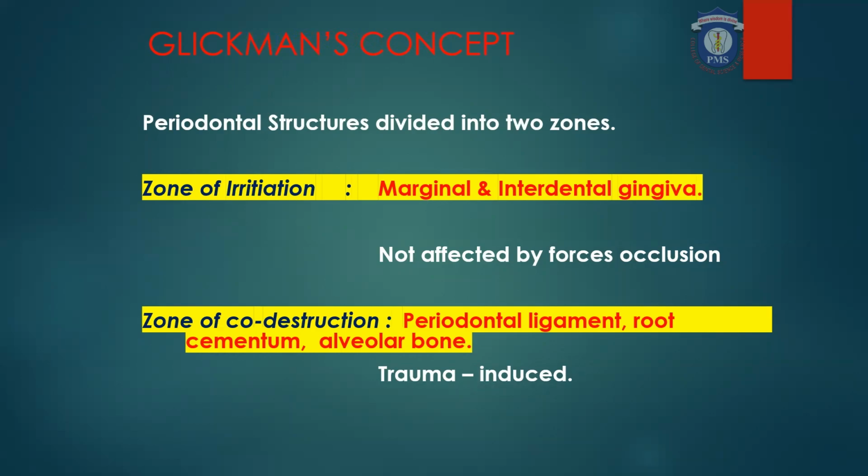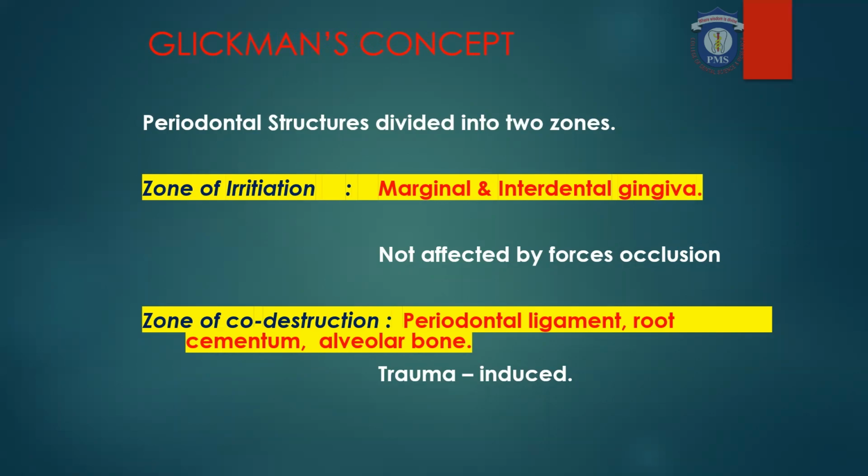In that case, the zone of irritation changes to the zone of co-destruction, which affects the periodontal ligament, root cementum, and alveolar bone. That is trauma-induced. So this is about Glickman's concept, one of the important concepts which shows a positive influence of trauma from occlusion on the progression of marginal periodontitis.